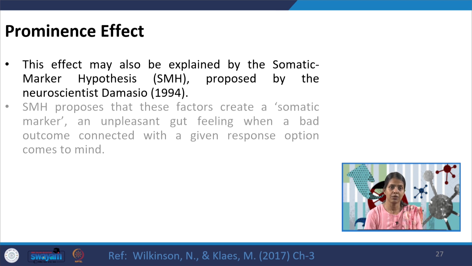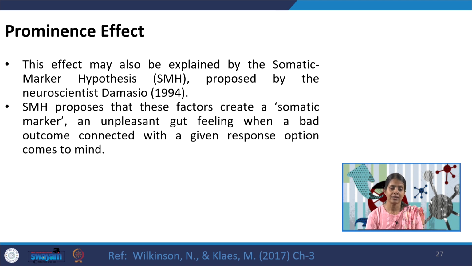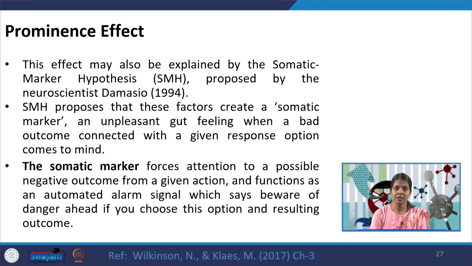In 1994, SMH proposes that these factors create a somatic marker, an unpleasant gut feeling when a bad outcome connected with a given response option comes to mind. The somatic marker forces attention to a possible negative outcome from a given action and functions as an automated alarm signal which says beware of danger ahead if you choose this option and resulting outcome.